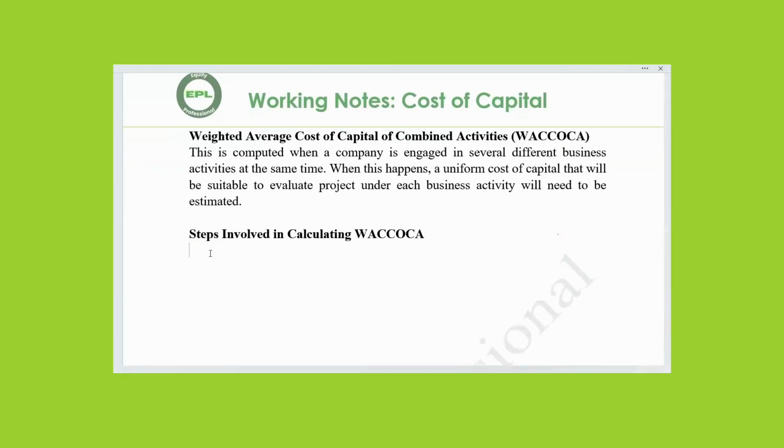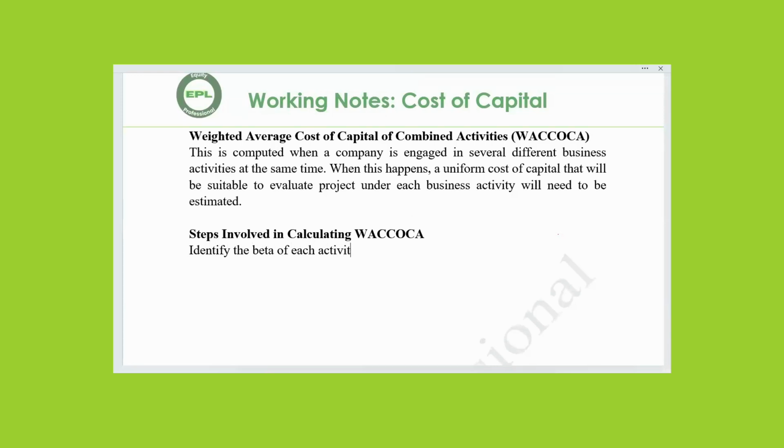Like I said, anytime you want to calculate WACOCA, there are 7 steps: the 5 steps under project-specific plus an additional 2 steps. Step 1 is to identify the beta of each activity.